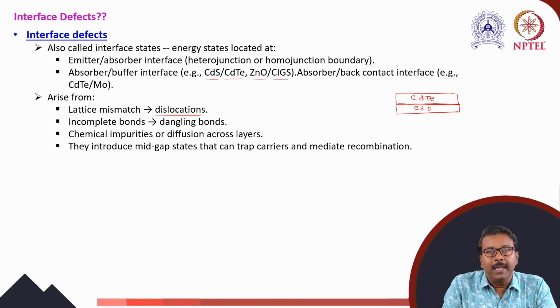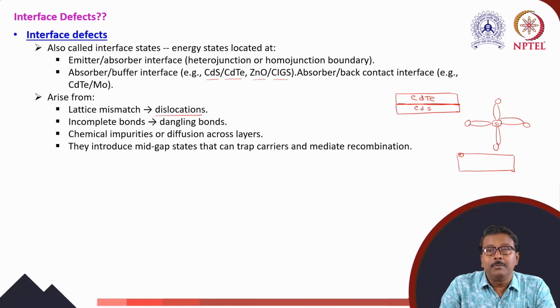Also, it may arise from incomplete bonds, called dangling bonds. If you remember one picture of a silicon structure from very early classes, we have shown that one silicon atom is surrounded by four silicon atoms in a bonded structure. There is a covalent bond in this way. But if you observe the silicon atom at the surface of a silicon bulk layer, suppose, what about the silicon atom at the surface?